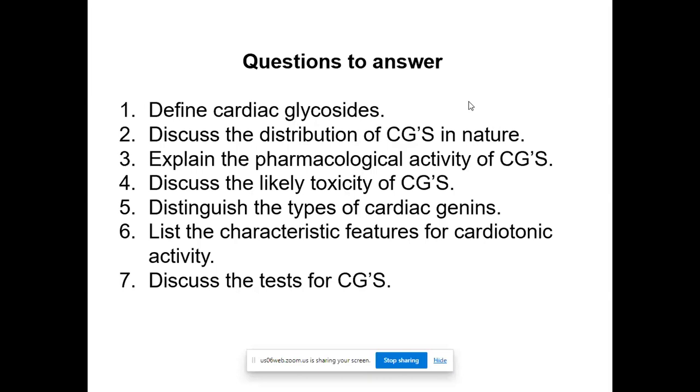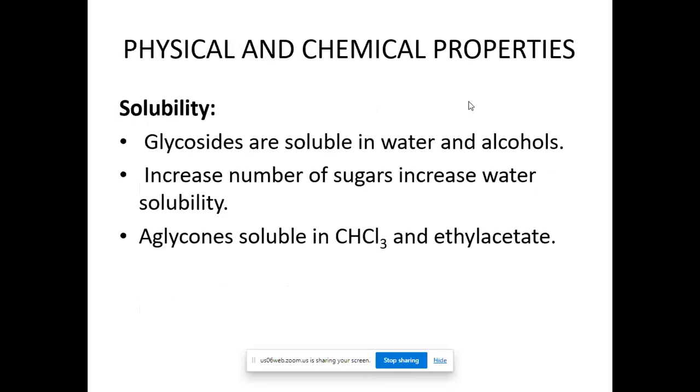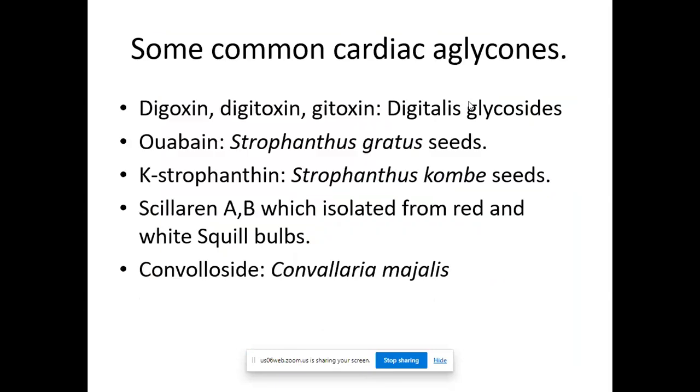So ni hizo, uta classify hizo madigoxins according to the classes. Hizo ndo glycons.